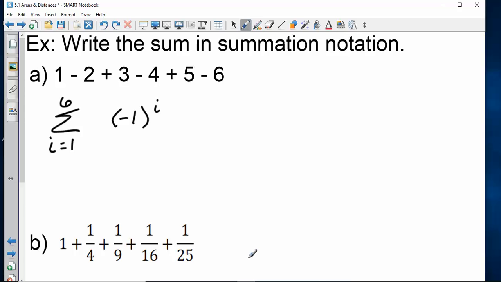Negative 1 first is negative, but I want my first term to be positive, so I need to go ahead and do I plus 1 like we saw in the last problem. And then 1, 2, 3, 4, 5, 6, those are just my I's, aren't they? So could I just say this times I? This will decide if it's positive or negative, and then 1, 2, 3, will just be your I term.